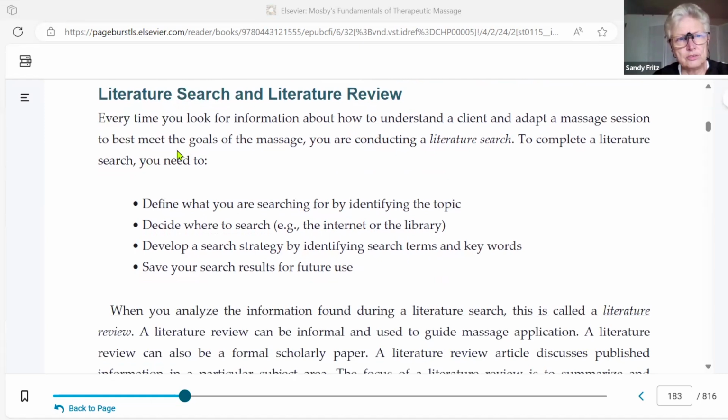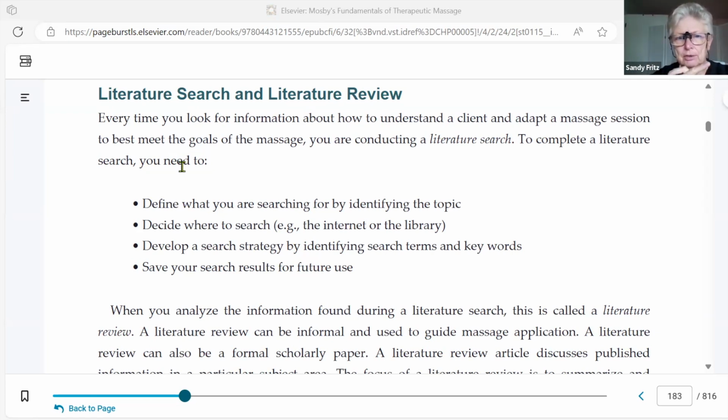So for literature search and literature review, you've got to be able to ask a concise question. You've got to begin by identifying your search parameters. And then you've got to decide where you're going to research.